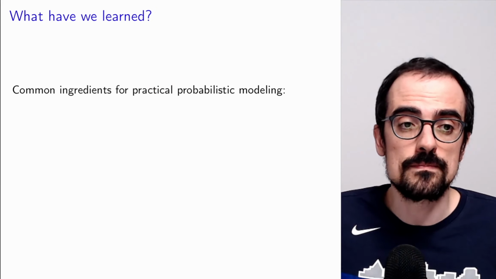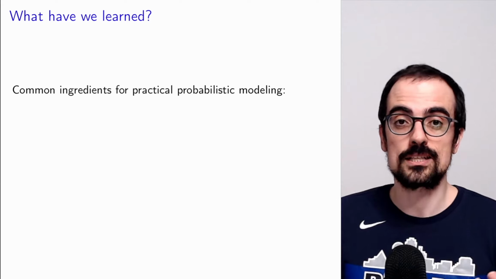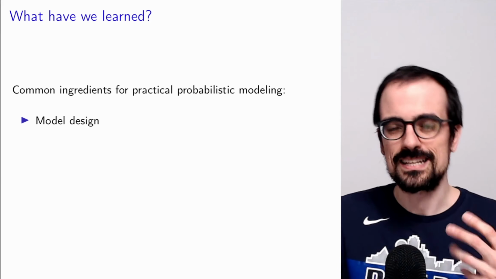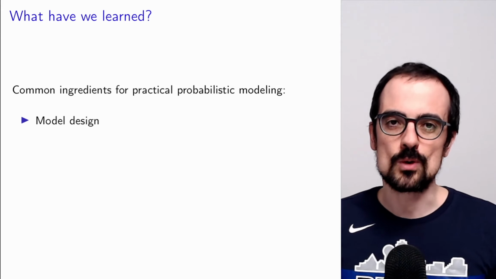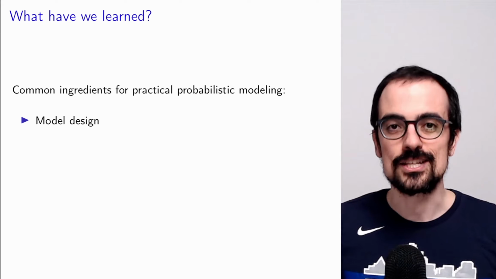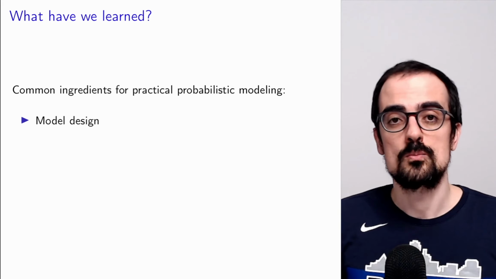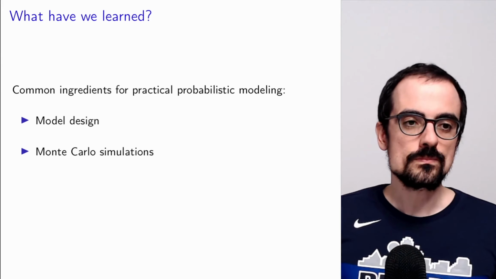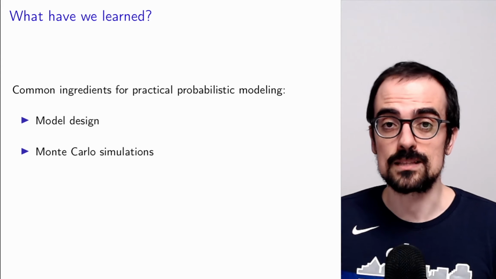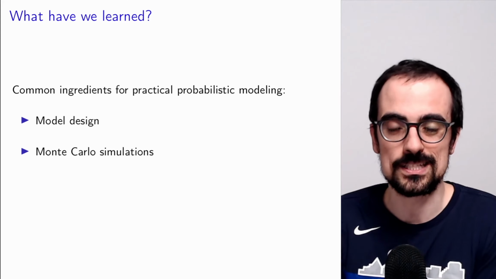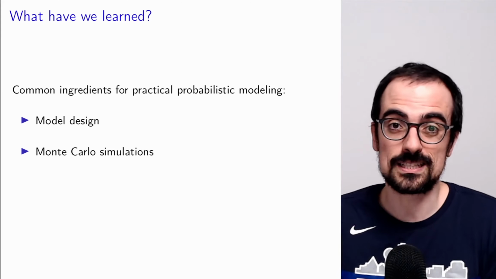All right, so what have we learned? We have learned about some very common ingredients for practical probabilistic modeling. We have seen how to model an election where basically you try to figure out who's going to win in each of the states and then you aggregate them, and that's how real prediction models such as the one from 538 operate. We saw that Monte Carlo simulations are absolutely crucial because when you have to compute some probabilities within the model, very often it's not tractable to do this by hand.